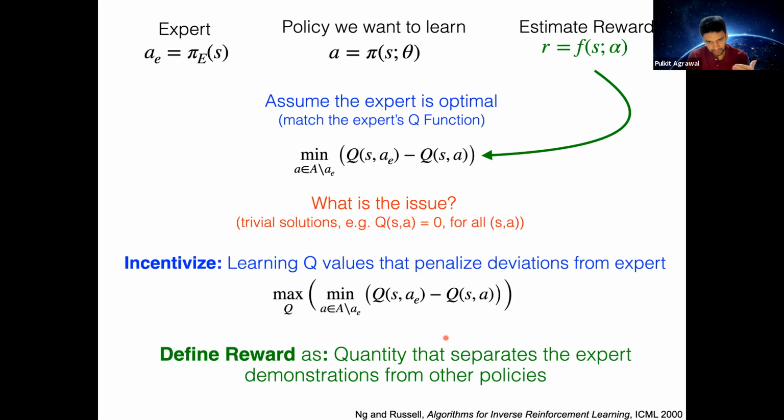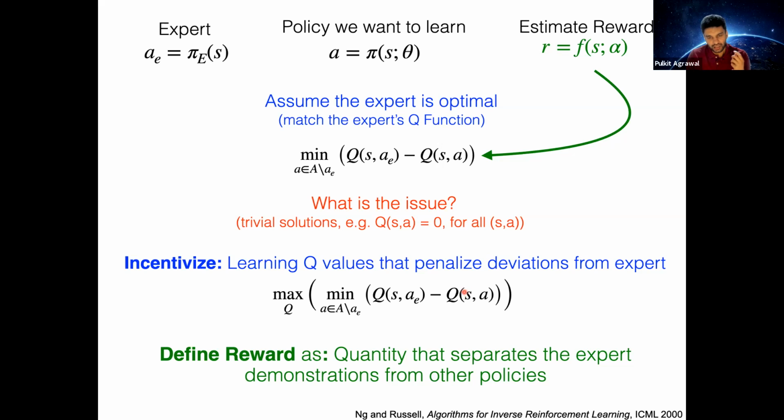What is happening over here? Suppose I come up with a reward function, and then I find the policy that maximizes the reward function, and suppose that is my Q(s, a).